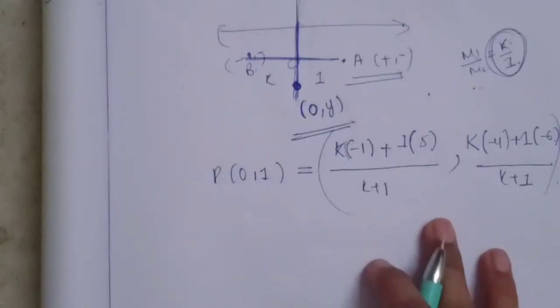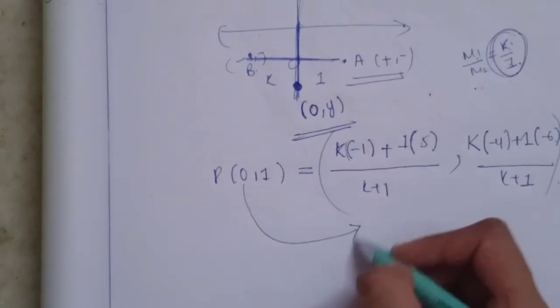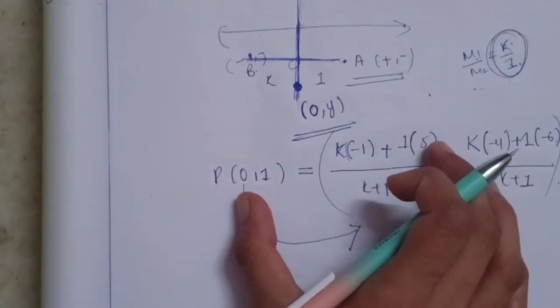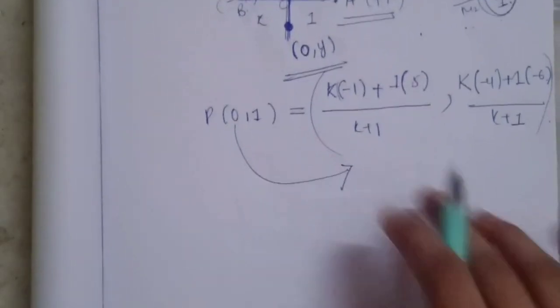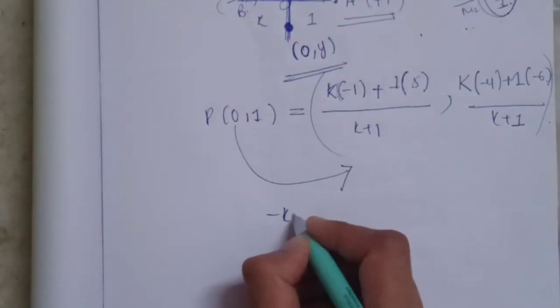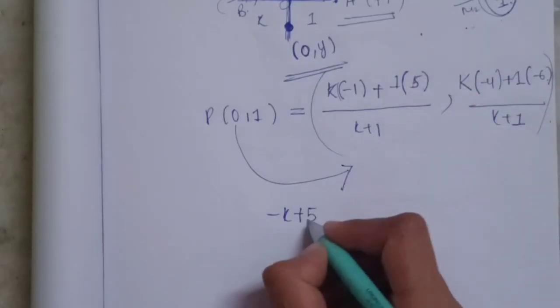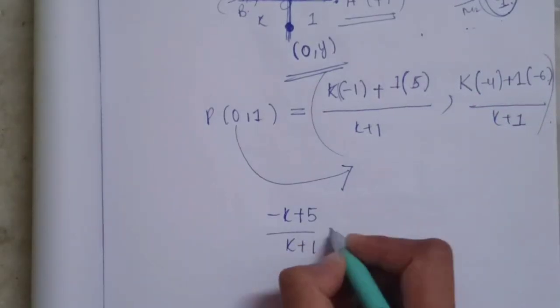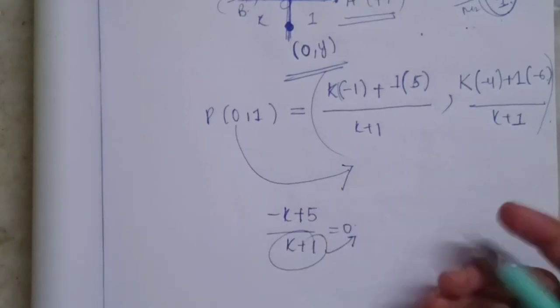That's all. So for making it easy, let us equate the x coordinates, because it is 0, so it becomes easier, right? So now minus k plus 5 by k plus 1 is equal to 0. If you send this term over here, it becomes 0.